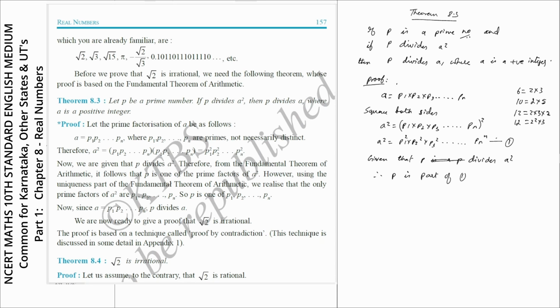But the factors of A are P1, P2, P3 up till Pn.